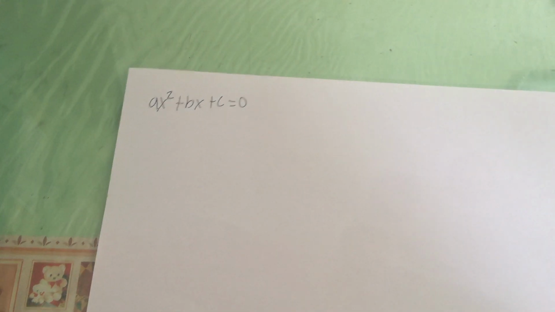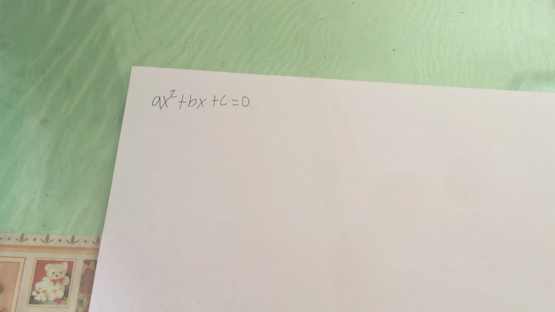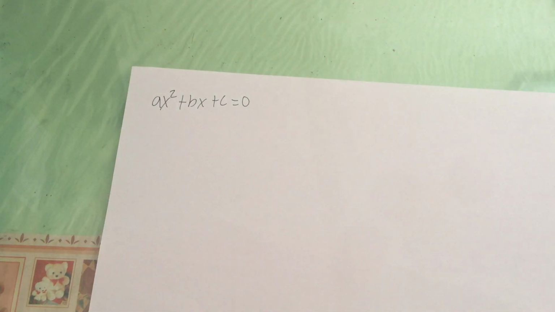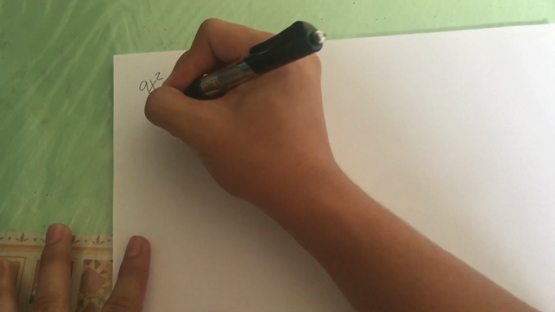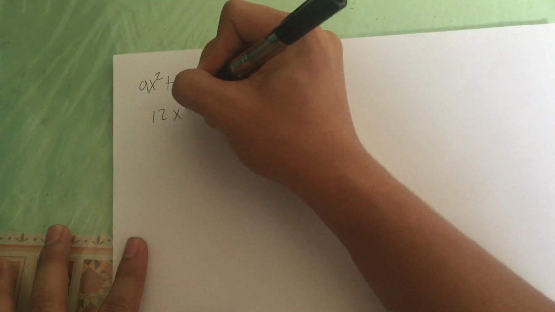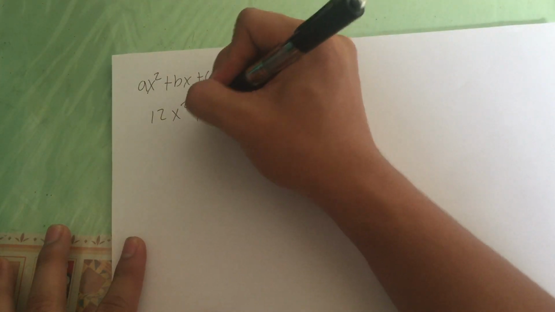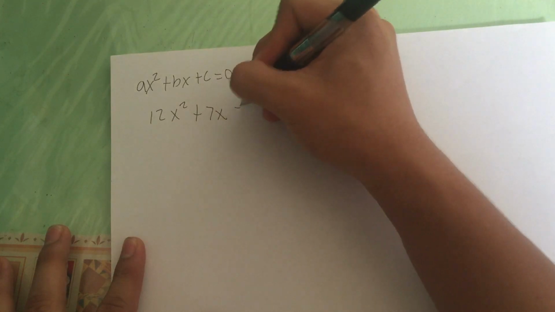Do you know the factoring techniques like DOTS, GCF, PST? If not, I will help you remember these things, okay? So let's start with GCF. Suppose we are given the problem 12x squared plus 7x minus 12.